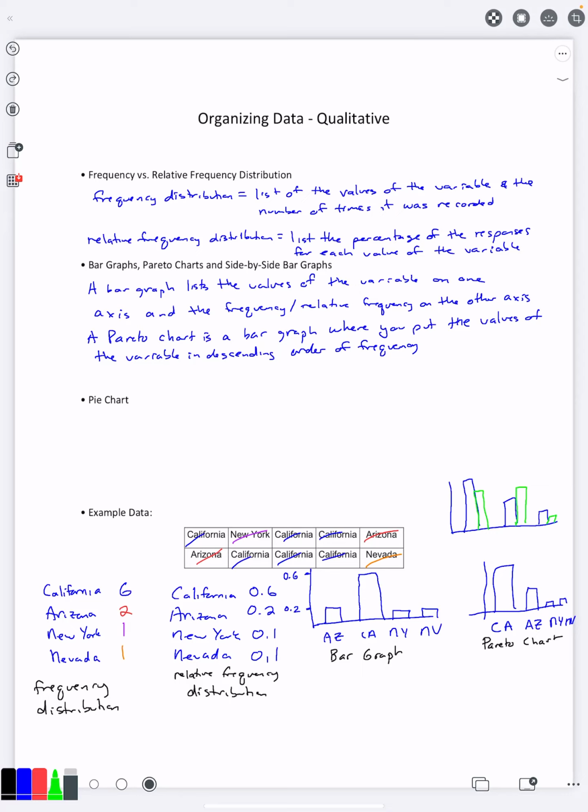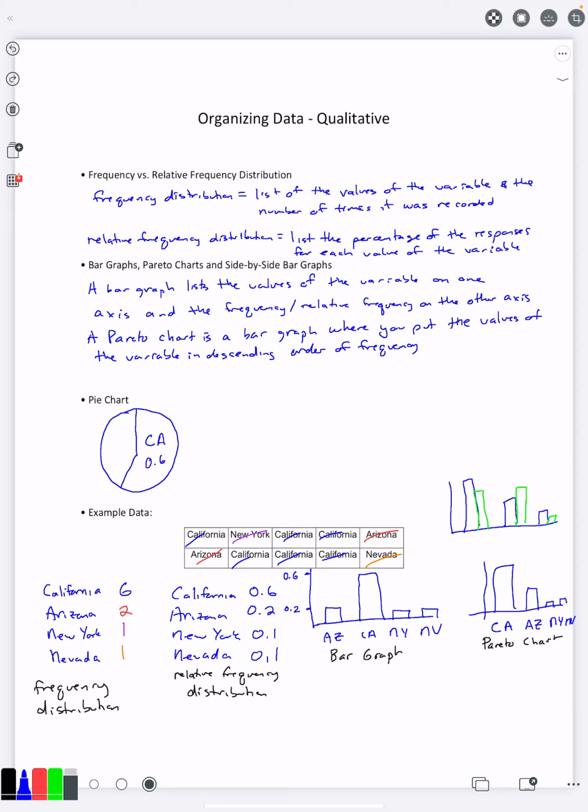Now, a pie chart, that's something that I think everyone's seen before. So I don't even think I need to write out in words. You just draw yourself some sort of a circle here, and then you create slices of your pie, and however big a slice you pick, percentage-wise to the whole pie, should correspond to the relative frequency. So since California had 60%, you need to be a little bit more than half. So there's your California.